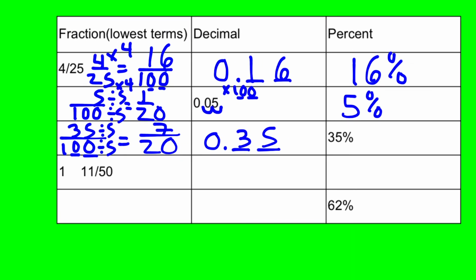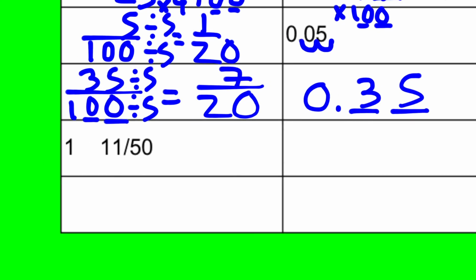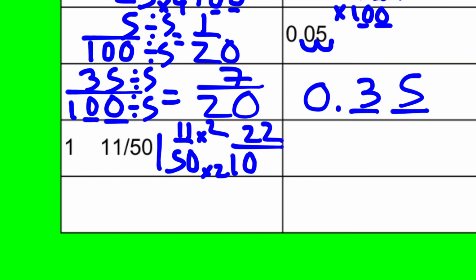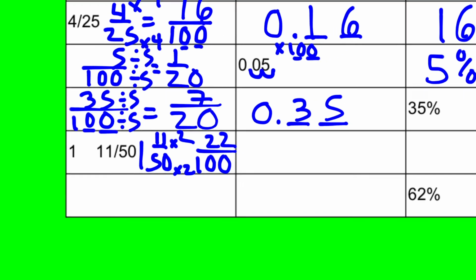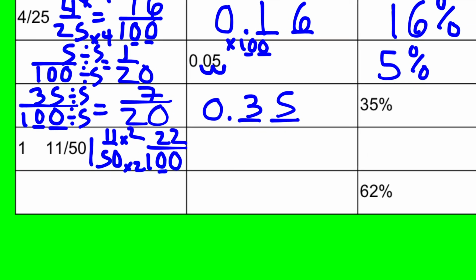Ooh, and then I even threw a grade 8 kind of question in here, but you can do it. 1 and 11 over 50. Well, I'll start by seeing what I can do with it. I know I can make it out of 100. 22 out of 100. And I know 22 out of 100 has 2 decimal spots because there are 2 zeros in 100.